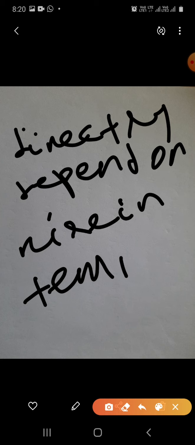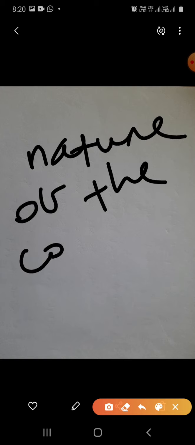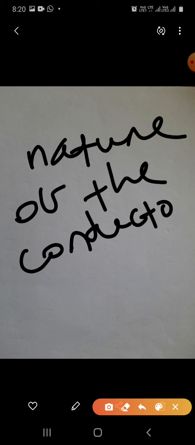Then it also depends on the nature of the conductor.